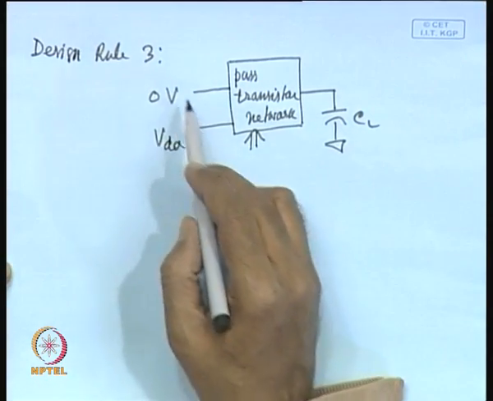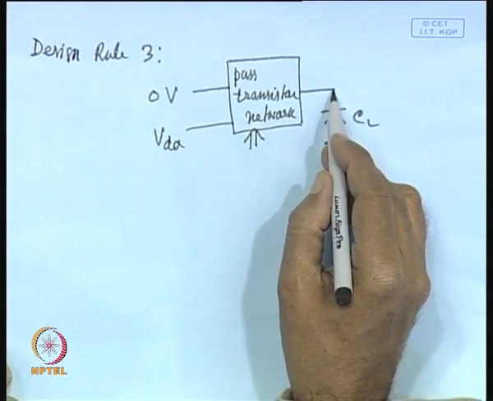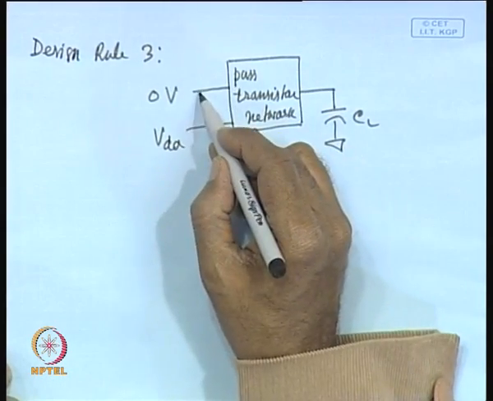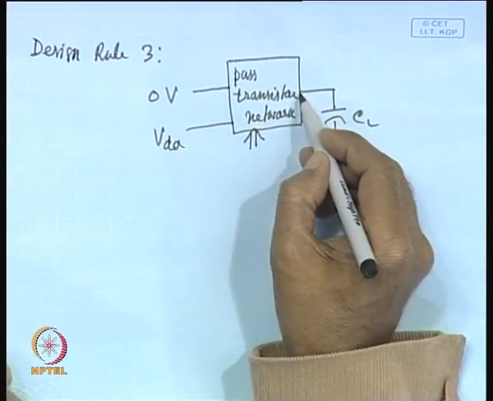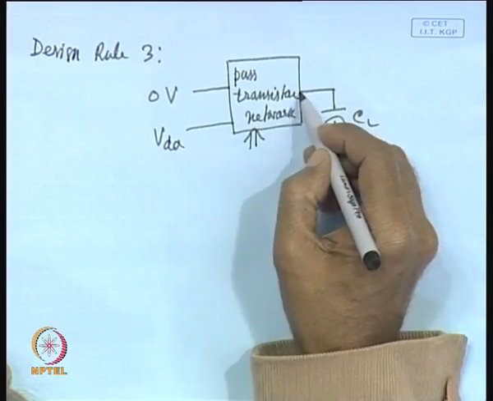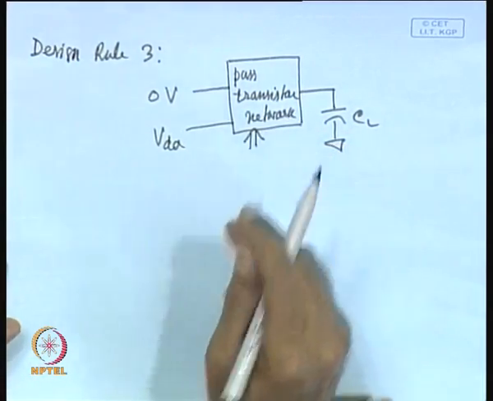Now, it may so happen that there is a path from the output directly to this 0 volt, and also there is a path directly to the VDD. That means, both paths are realized advertently or inadvertently.